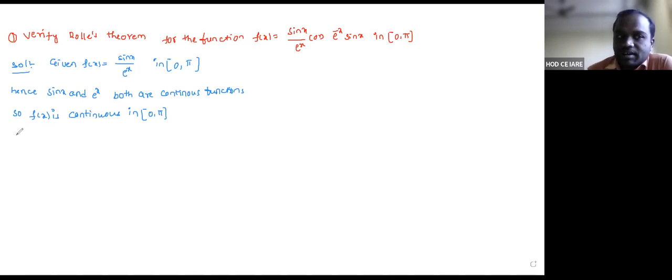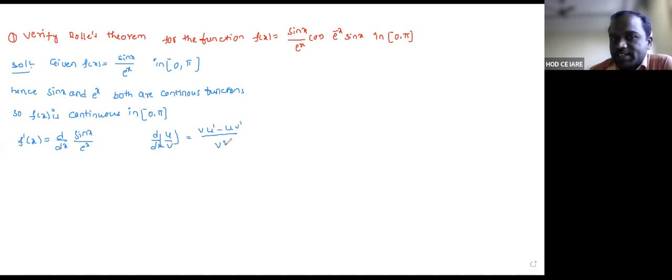The second condition is derivable. Derivable means we differentiate on both sides with respect to x. f dash of x is equal to d by dx of sin x by e power of x. It is of the form d by dx of u by v. You know that the formula is v into u dash minus u into v dash by v square.